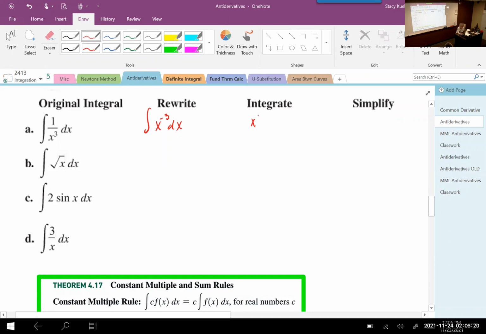Negative 3 plus 1 is negative 2, over negative 2 plus c. And the simplification would just maybe be rewriting it back in its fractional form. So I would have negative 1 over 2x squared plus c.